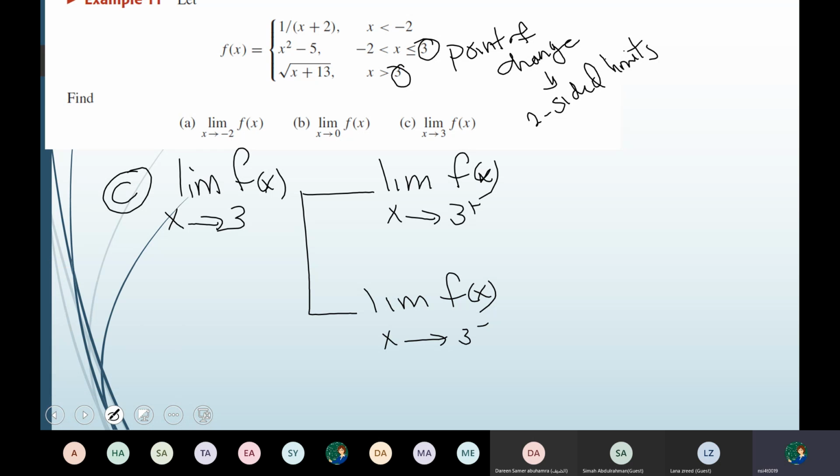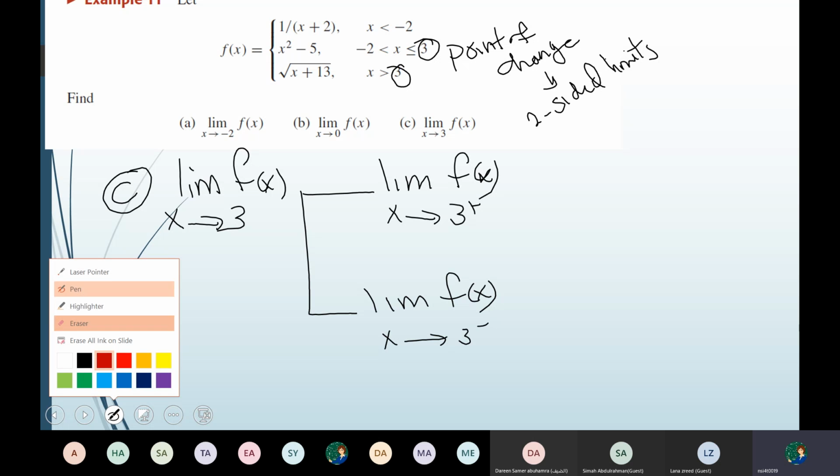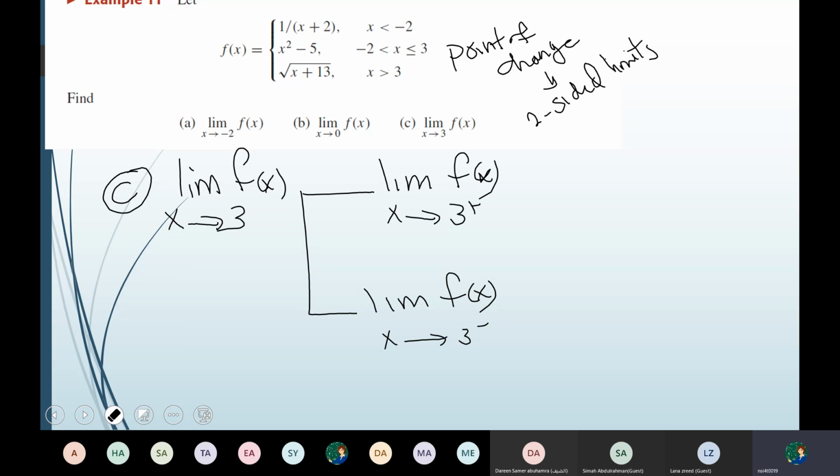Then limit f of x when x approaches 3 from the right. It means that I'm talking about points that are greater than 3. So if you look here, points greater than 3, what does it mean? It means 3, 4, and 5.